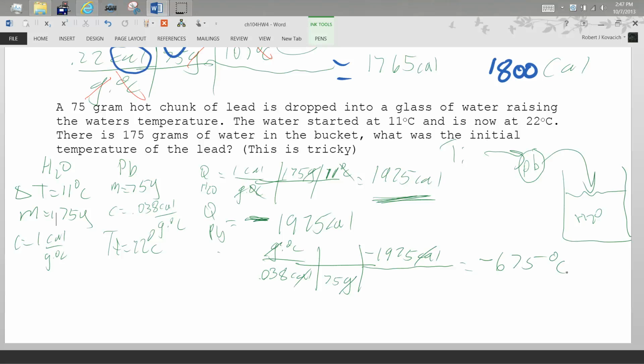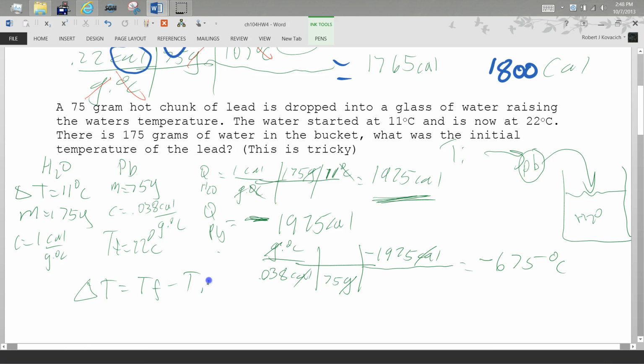675 plus 22. And you can see that in the calculation. Its change in temperature is temperature final minus temperature initial, right? So if I'm looking for the initial temperature, algebraically, if I solve for that, then temperature initial is equal to temperature final minus change in temperature.